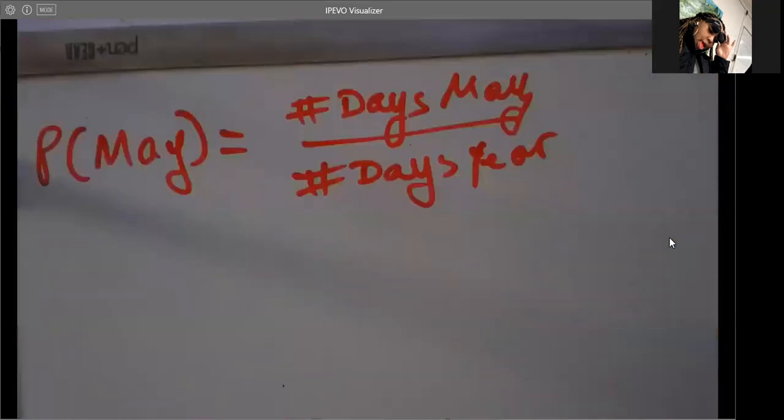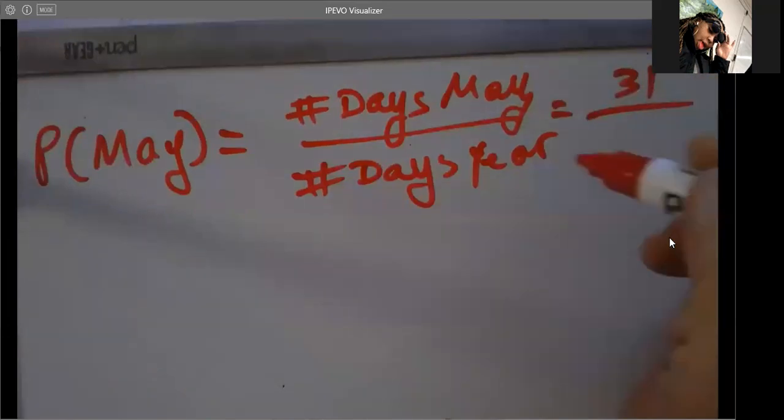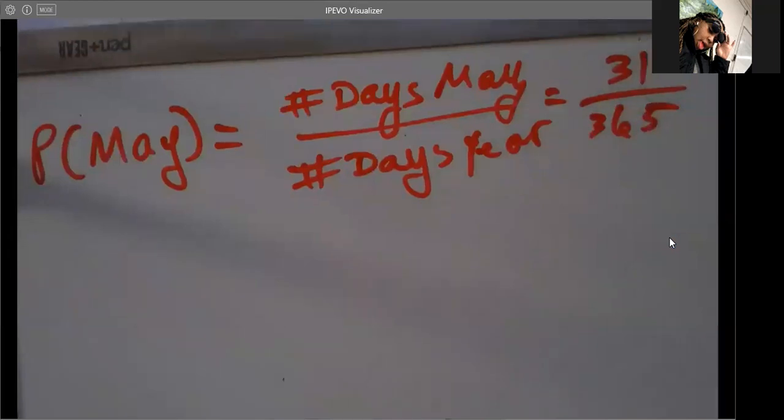We don't count the leap year. So May has 31 days, and there are 365 days in a year, and that's your probability for randomly selecting somebody with a birthday in May. Okay? Yes, sir.